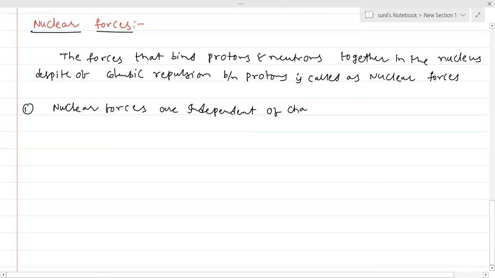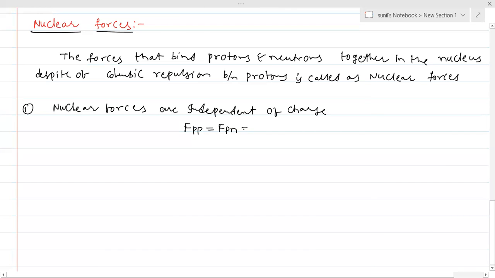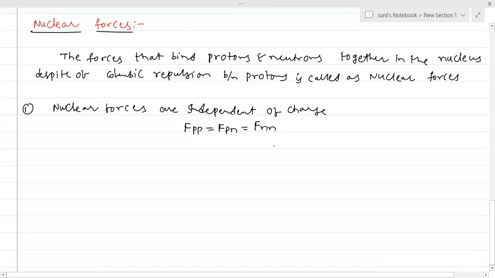That means simply we will write F_PP, proton-proton, F_PN, proton-neutron, and this will be F_NN, neutron-neutron. So this force between neutron and neutron will be taken. So this is charge independent.